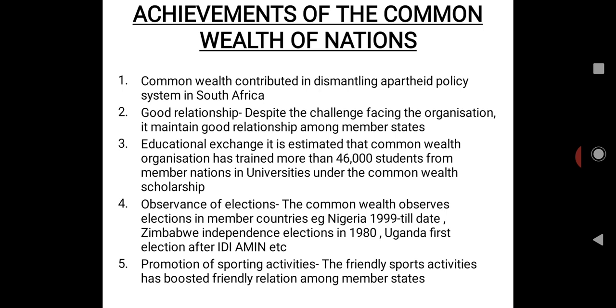Another achievement of Commonwealth of Nations is observance of election. The Commonwealth observe election in member countries. For example, in Nigeria, from 1999 till date, Commonwealth has been sending their team of observers to monitor election in Nigeria.